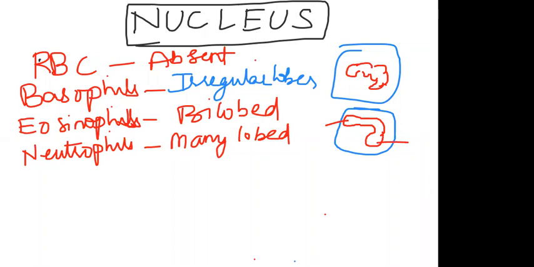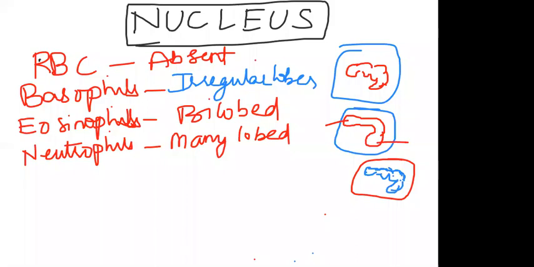In the same way, let me show you that 2 to 5 lobes. So 1, 2, 3, 4, likewise. The lobes are present here, 1, 2, 3, 4, 5, likewise. So that's irregularly lobed.